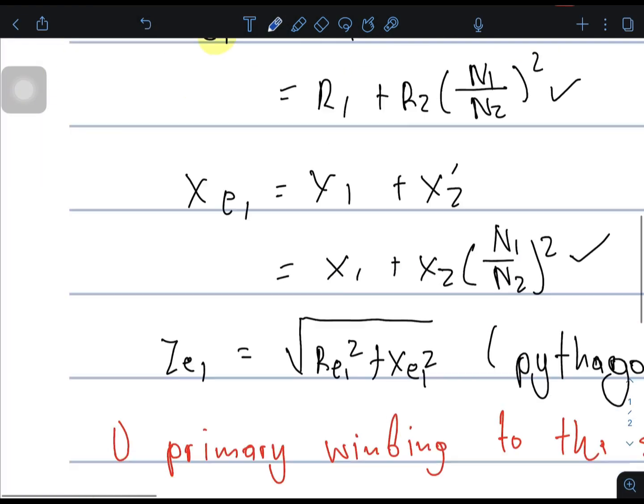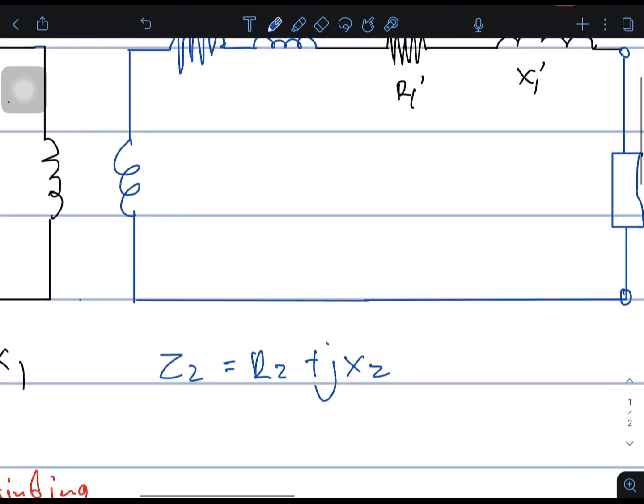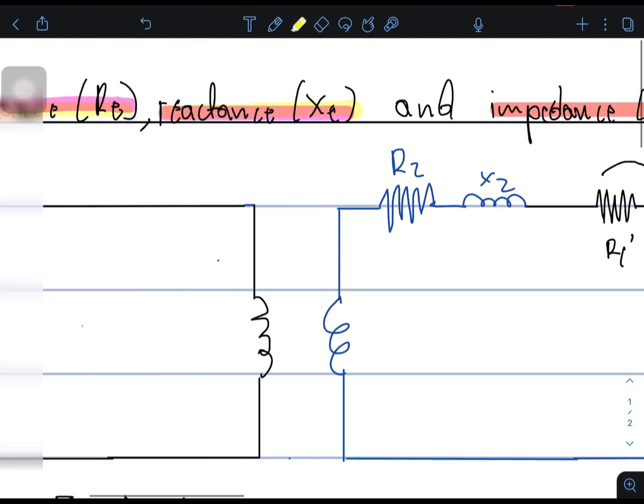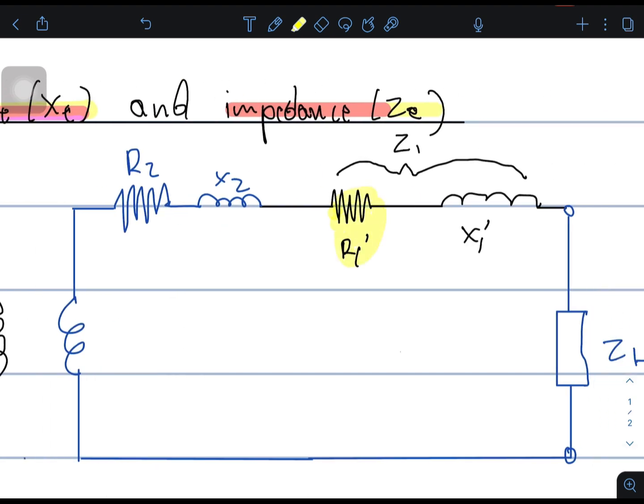RE2. This is why I'm writing RE2. It is to show that I've referred everything to the secondary winding. So RE2 is equal to R2 plus R1 prime. It makes sense because I took a resistance from this side, I added a resistance to this side.